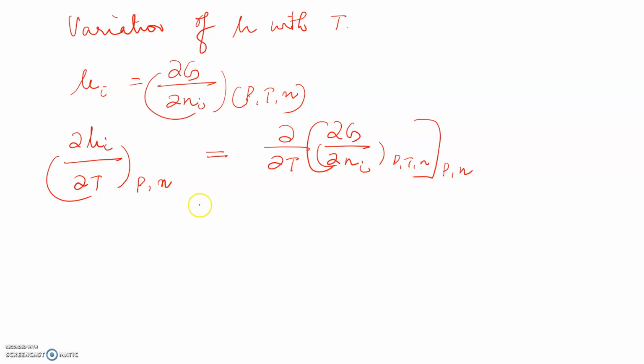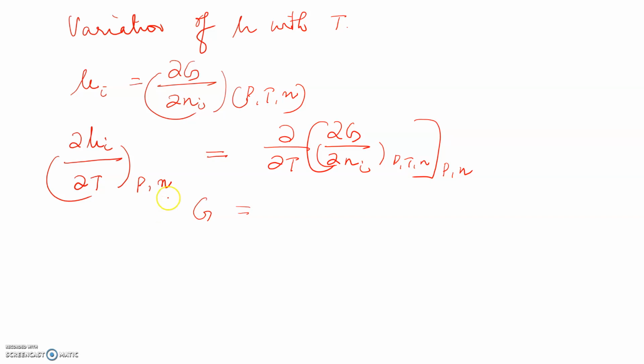So G, what is G? G is free energy. What type of a property is G? It's an extensive property as well as a state function. Since G is a state function, Euler's reciprocity relation holds. That means the order of differentiation is immaterial.